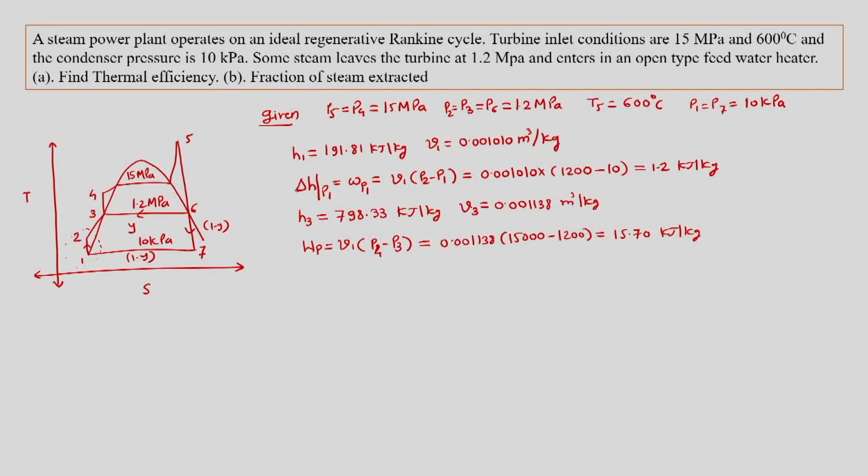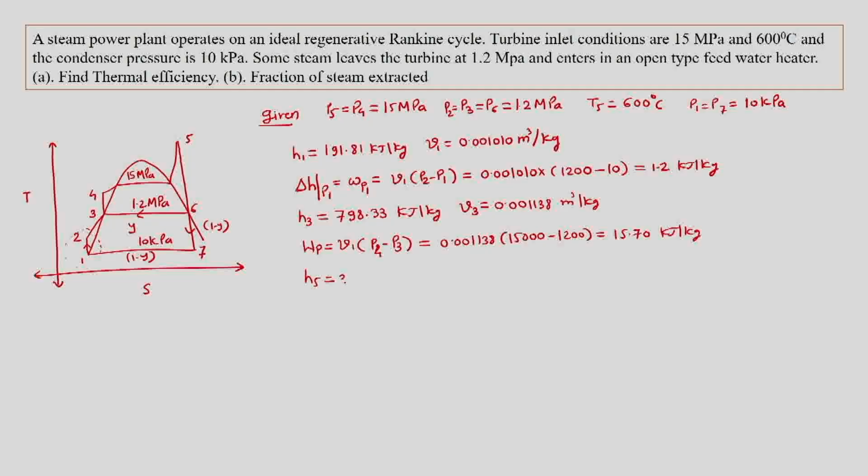Now, we can go into the steam table and find out H5, which is the enthalpy at station 5, and that H5 is 3583.1 kilojoule per kg. We know at 5 we have 15 megapascal pressure and 600 degrees Celsius.